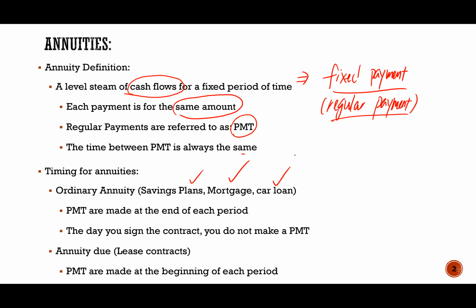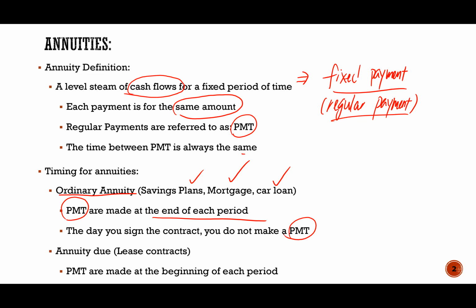And we also have ordinary annuities like saving plans, mortgages, and car loans, where the fixed payment PMT is always made at the end of each period. Okay. Also, the day you sign your contract, you do not make a fixed payment or regular payment. You do not make a PMT. So usually the bank will give you a 1 month grace period, like a 1 month break, and after the first month, you start paying the regular payment, right?